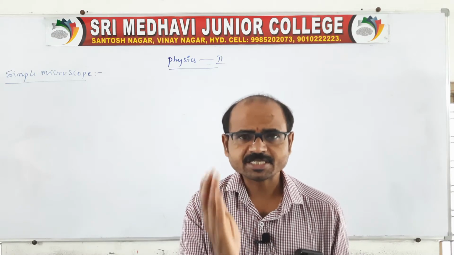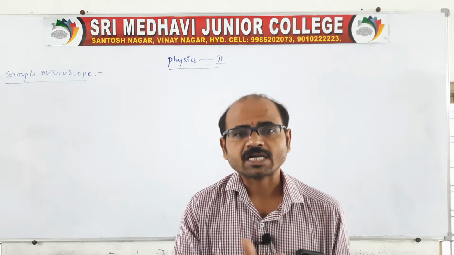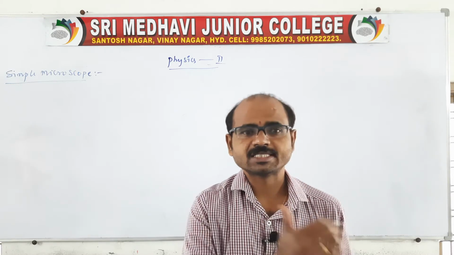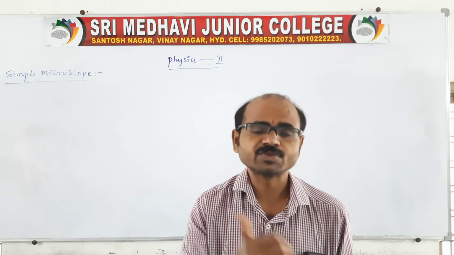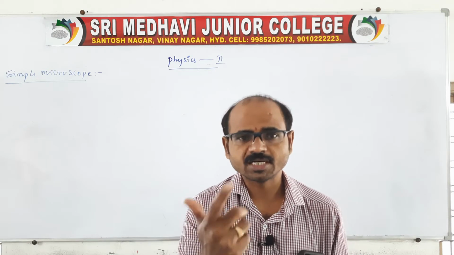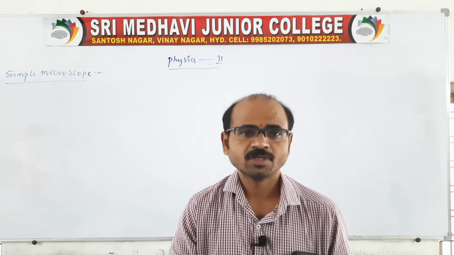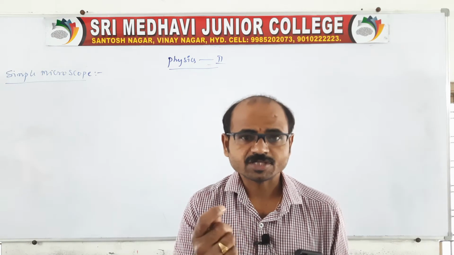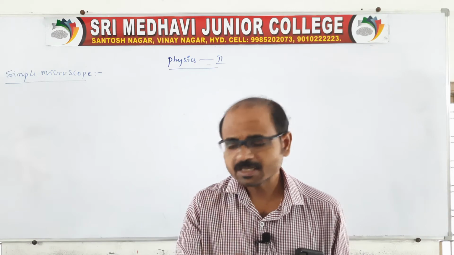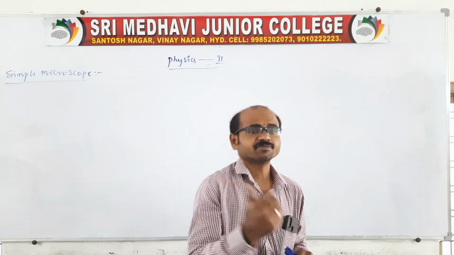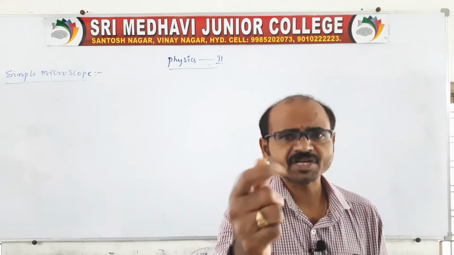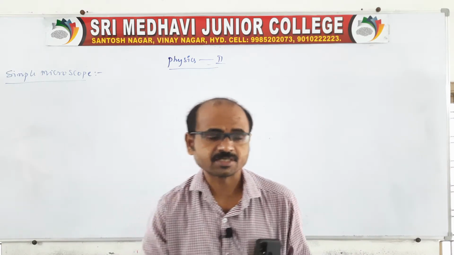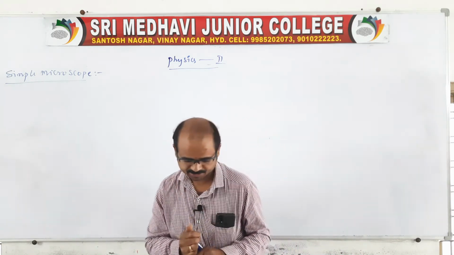This is basically used in microbiology, in the botany lab and zoology lab, where we use microscopes to see very small structures, like roots. By using the microscope we can increase the visual angle, that is the magnification, so the size of the image increases.